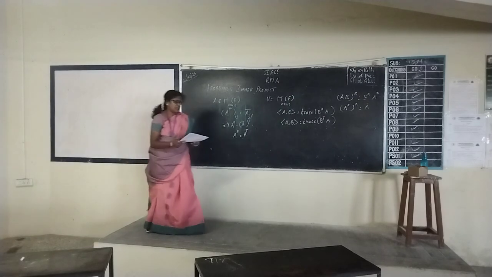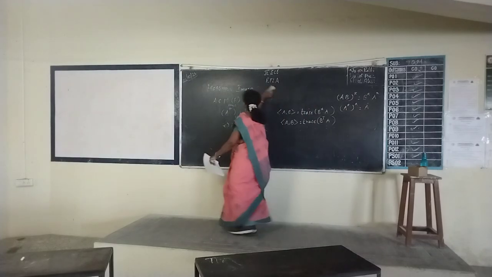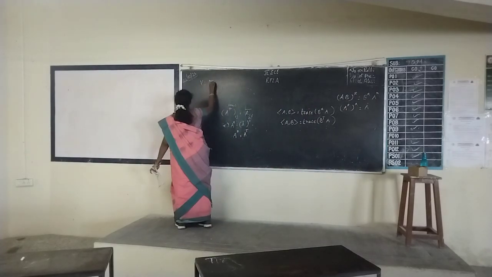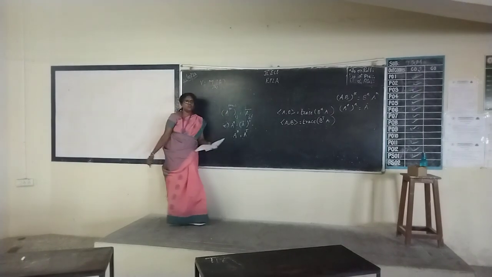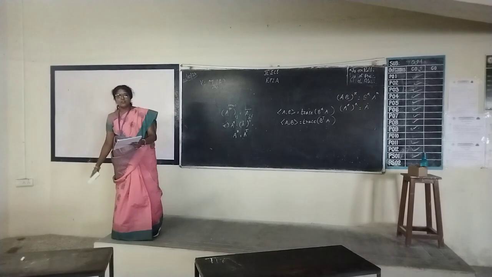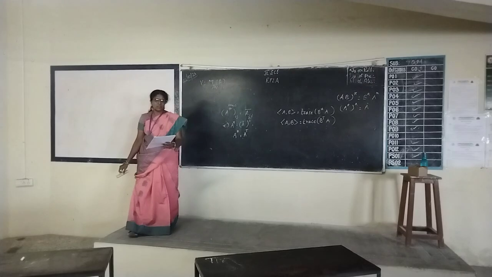First one. Let V equal M 2 by 2 of F, the vector space over F. 2 by 2 means what? 2 rows and 2 columns.